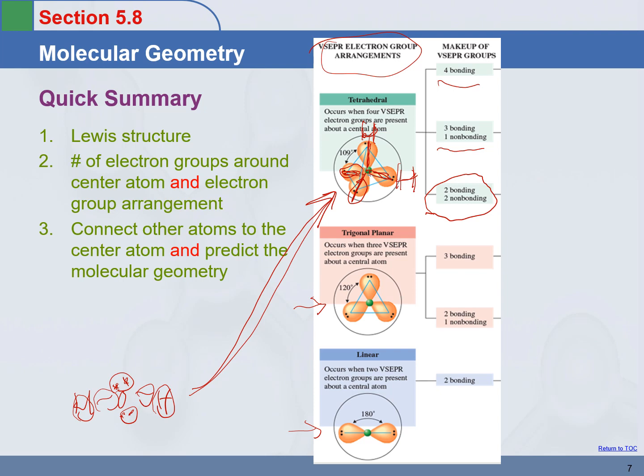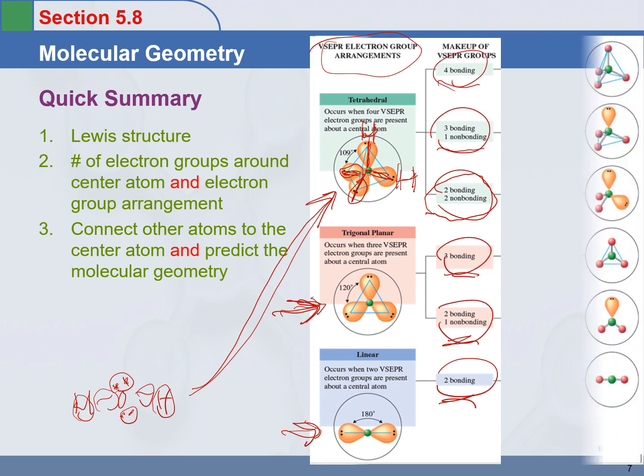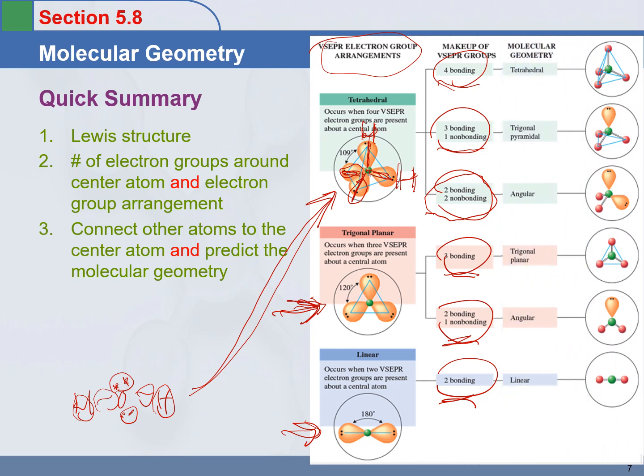In the case of linear, you have only 1 situation. After that, based on your decision here, you predict the geometry right away. In the case of water, it will be angular. I hope you guys are following me.